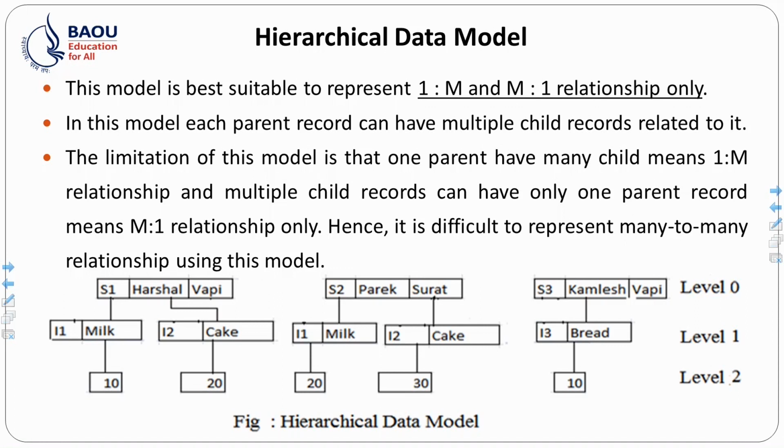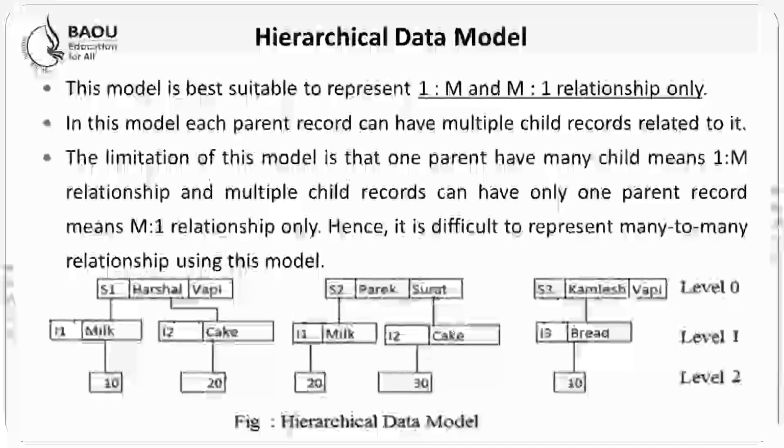So, S1, S2, S3 are the main parent records at level 0 and items 1, 2 and 3 are at level 1. It is a child of S1 and parent of the discount amount. So, it is the hierarchical data model. Multiple children have a single parent.